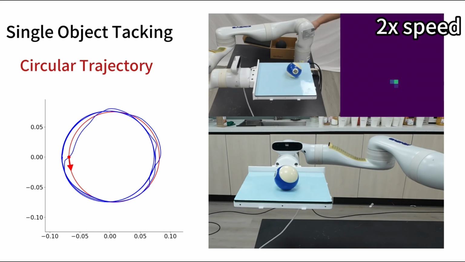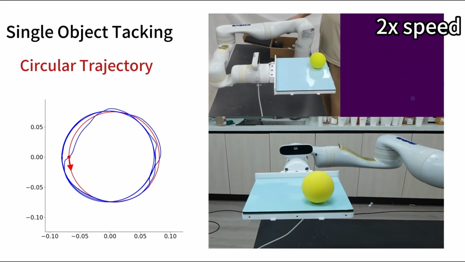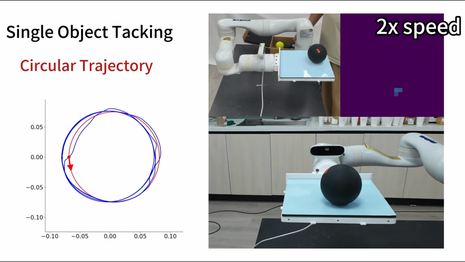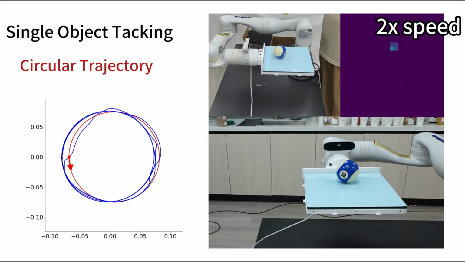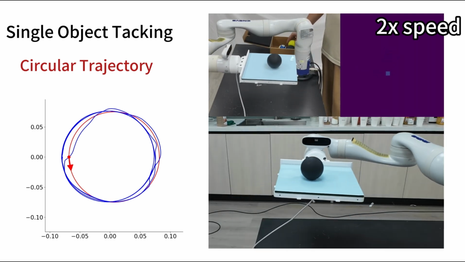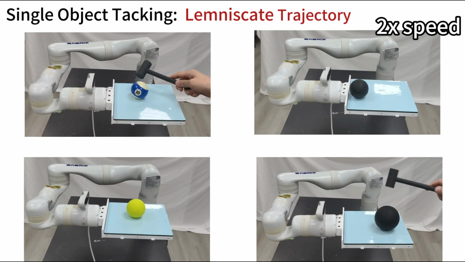In a particularly challenging test, the policy seamlessly adapts to real-time object switching during trajectory, completing this task for over 8 consecutive trials without failure. During a lemniscate trajectory, we apply light taps with a hammer to the ball.